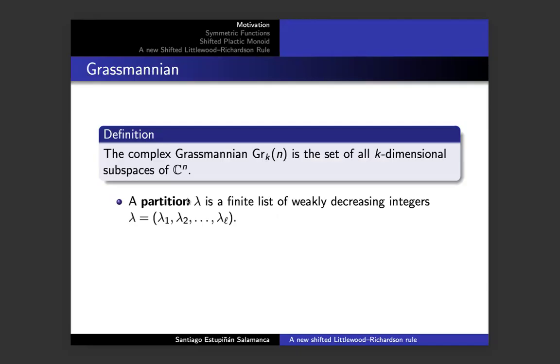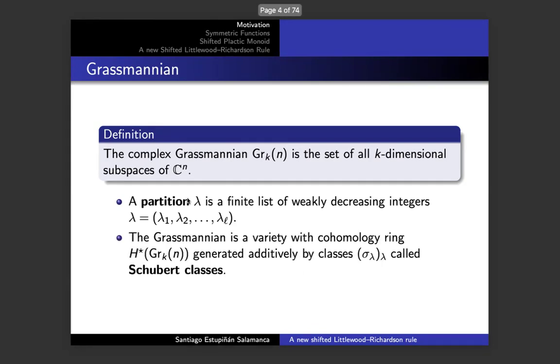I begin with the complex Grassmannian. This is the set of k-dimensional subspaces of C to the n. And I let a partition be a finite list of positive integers. They are allowed to be equal. The cohomology of the Grassmannian is indexed by classes, indexed by partitions. They are called Schubert classes.